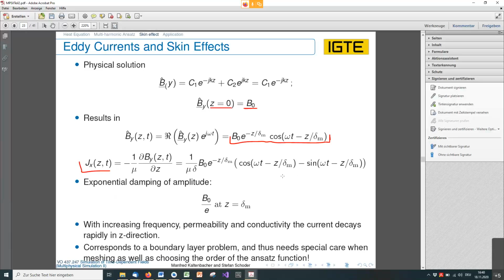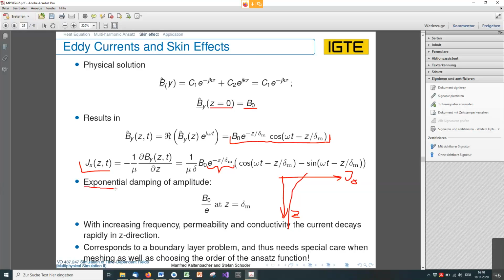Probably my cursor is fixed. If we have here the z direction and we plot the current in x direction, then this is the decaying term, so the current will decay. It would look like this somehow.